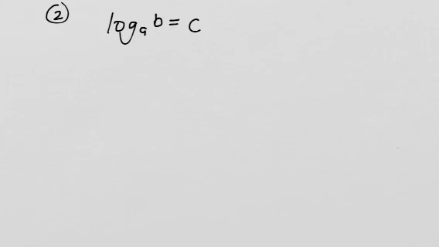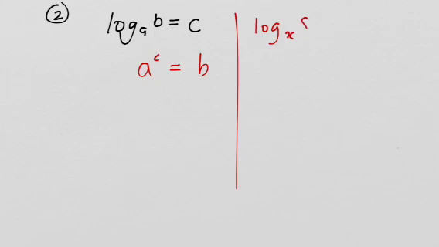Question 2, if you remember the rule which says log to the base a of b equals c, then you should know that a to the power c is equal to b. So let's take one similar to the first one. Log to the base x of 8 equals 3.